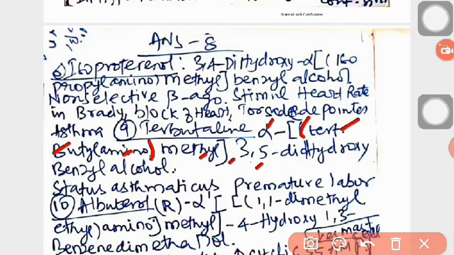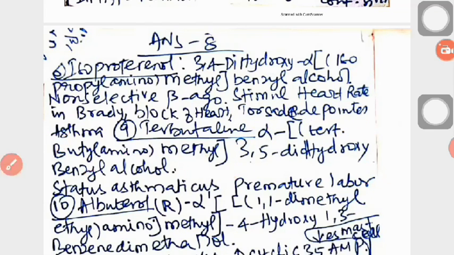Then 3,5 dihydroxy benzyl alcohol. Okay, so it is useful in asthma, status asthmaticus, and sometimes in premature labor.